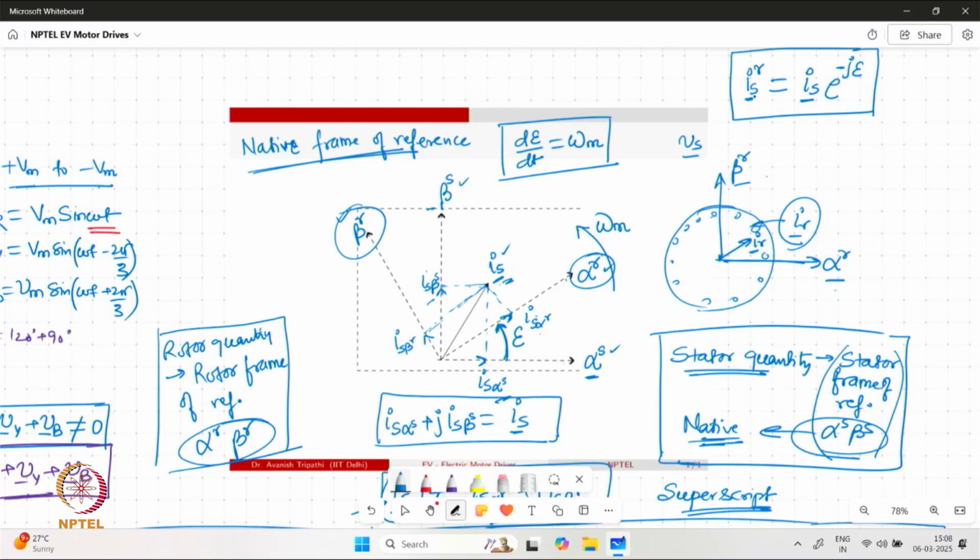So we have the IS vector referred in the rotor frame of reference given as the vector IS in the native frame of reference times the unit vector, and please note the sign over here. Whenever we are going in the counterclockwise direction, I am placing a negative sign. Component wise derivation is also going to match with this transformation. So it is up to the students and the candidates to verify this on their own and see if it is correct or not.